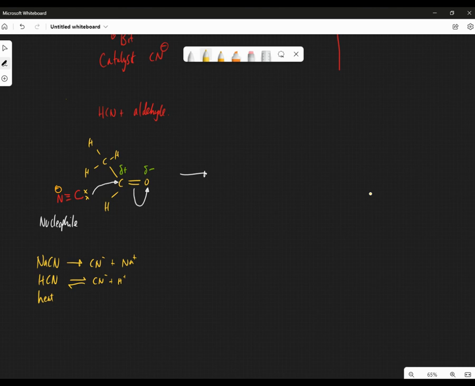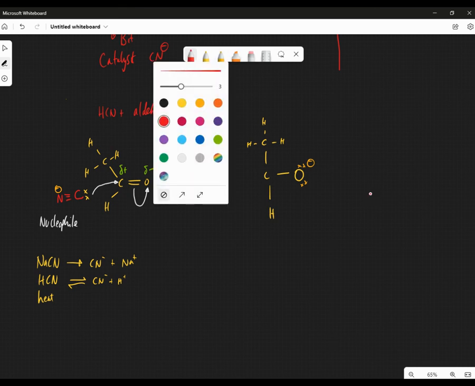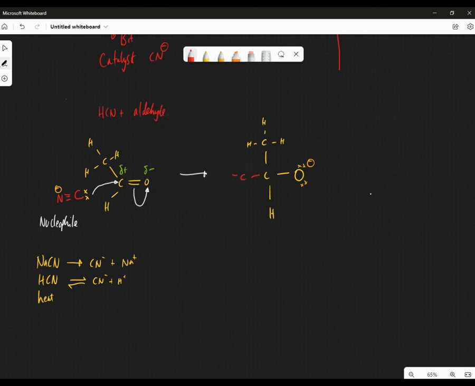It gives me CH3, C, there's the H, and there's the O. But the O now has two lone pairs on it, and it has a negative charge, because the electrons have jumped onto the oxygen here. The CN at the other side has formed a proper bond now, like this. That's the first bit of the reaction.